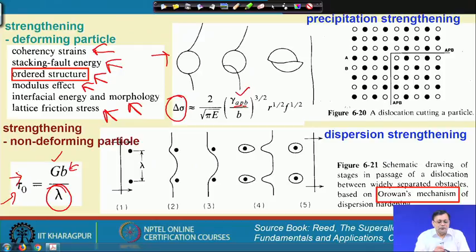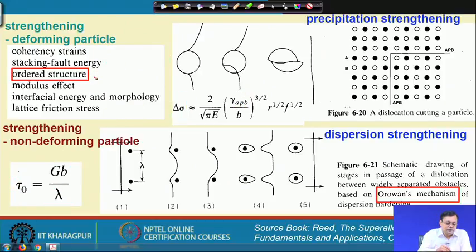Okay. Now, if we consider specifically an ordered structure, how? Let us say this is an example of an ordered structure. We have A type of atom, B type of atom, A, B, and then you see that this is a boundary between a phase and an antiphase, meaning here I have another B and then I have A. Okay.